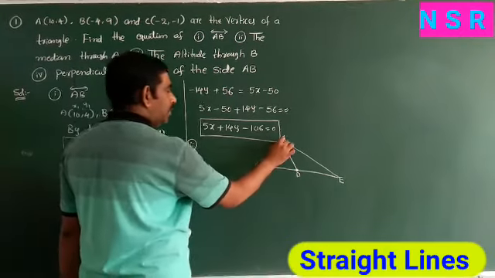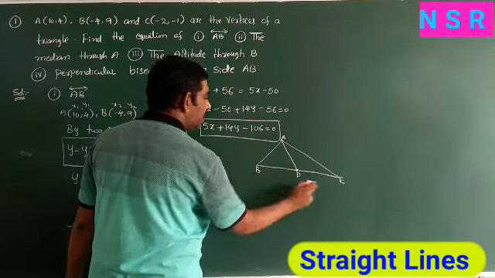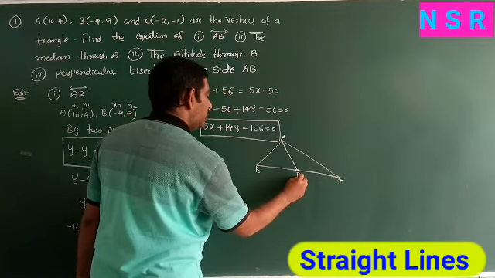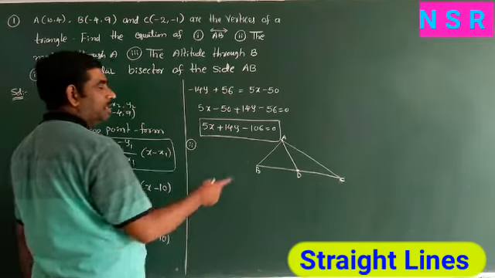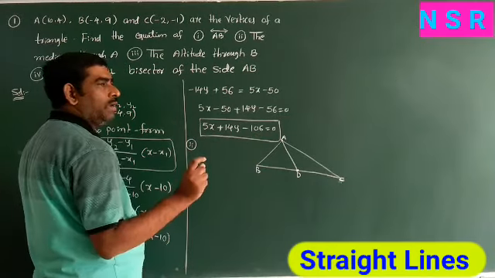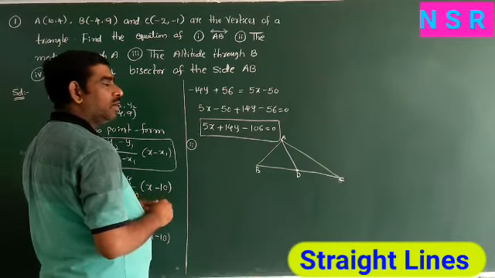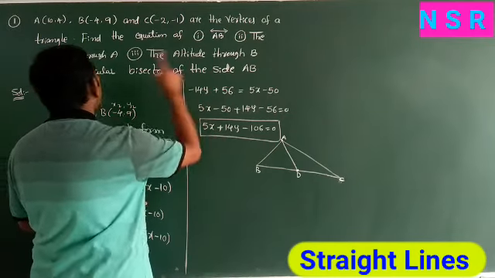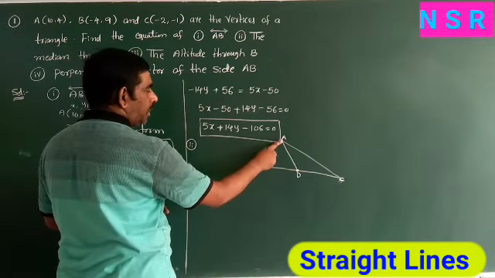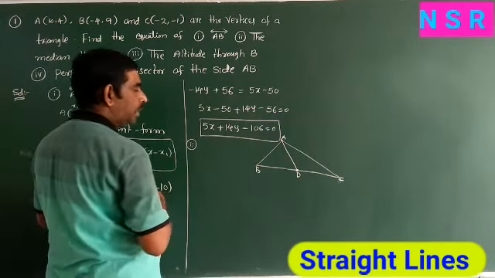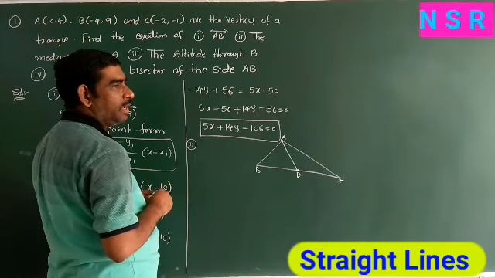Here we have ABC and we don't have D, so D is the midpoint of BC. The median passes through A, so that's why I am taking D. So AD is the median.